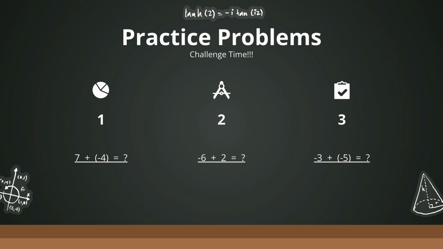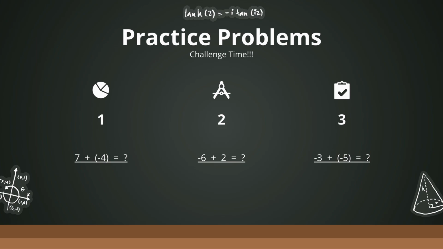For question 2, the correct answer is -4. This one is still using the second rule, different signs. When adding numbers with different signs, subtract their values and use the sign of the larger number. So in this case, it will be -4.